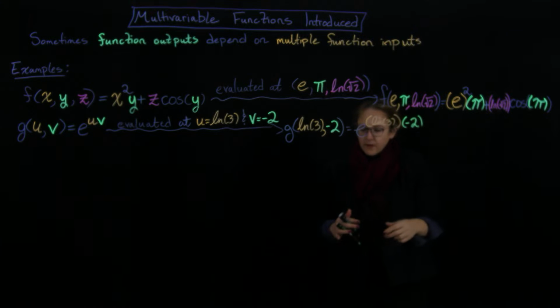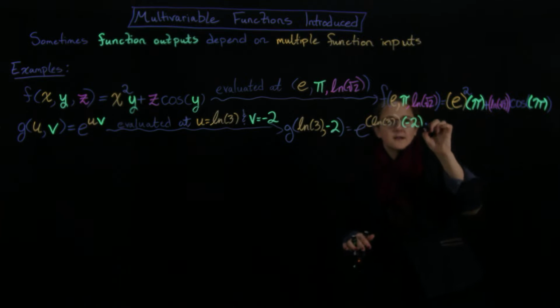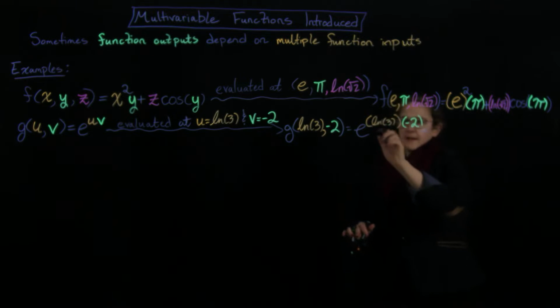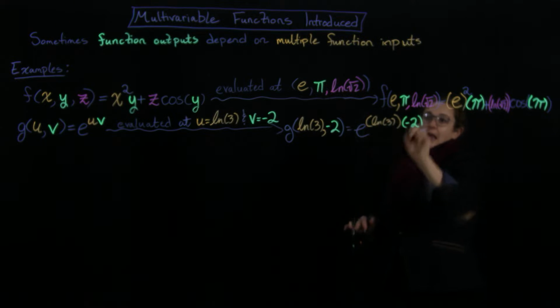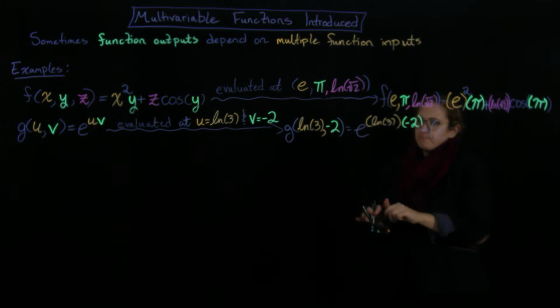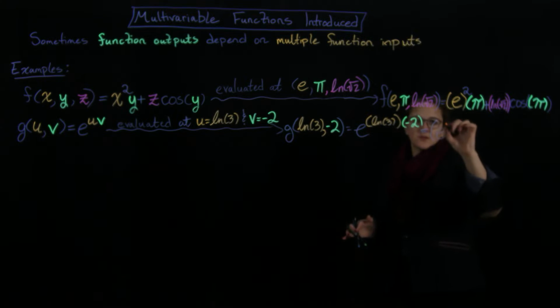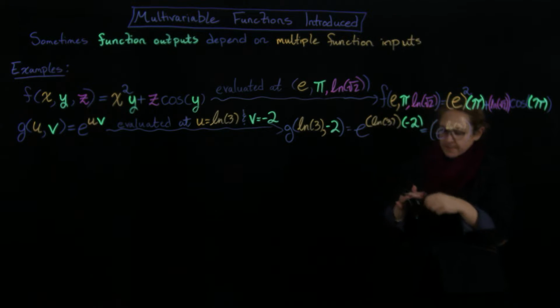Just to remind you of how these things work, just to give a little practice: this is a product in the exponent, which means I can take e to this power and then to that power. I actually want to do that, because e and the natural log are inverse functions, so I can simplify this a lot better.